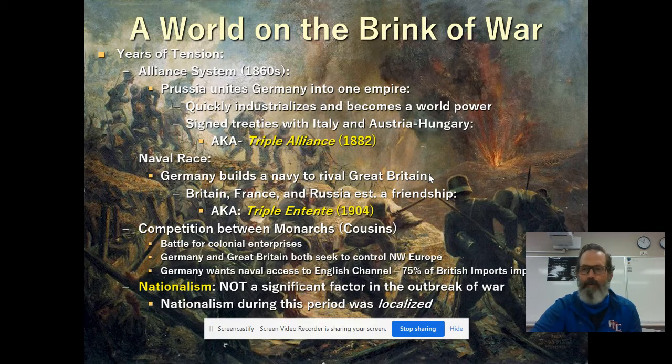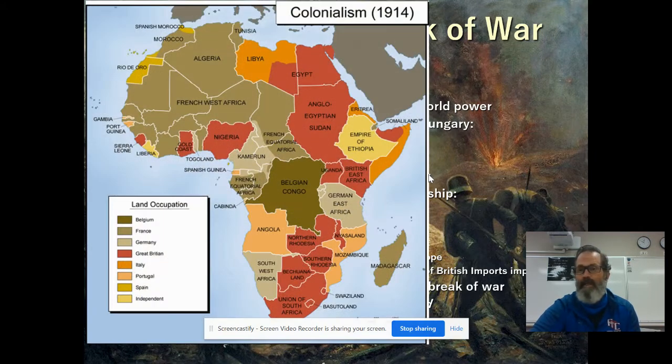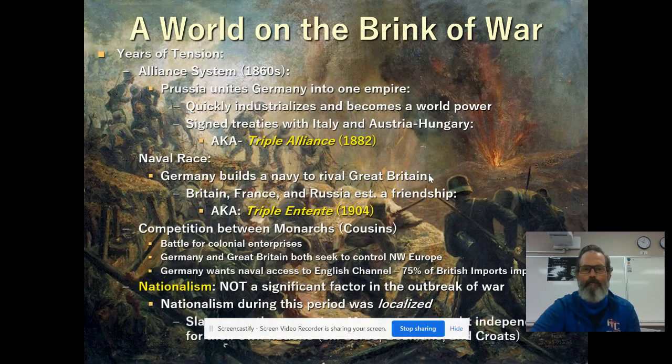And there was a lot of competition for territory, for land, and for resources, specifically in Africa. You can look at this map. You can see the national interests of where various European countries had inside of Africa to bring resources that were critical to their countries back into Europe. And there was a lot of competition for these as well.